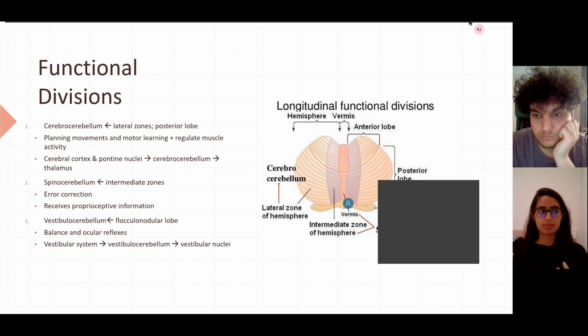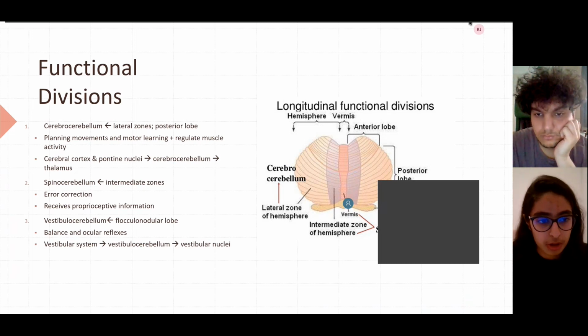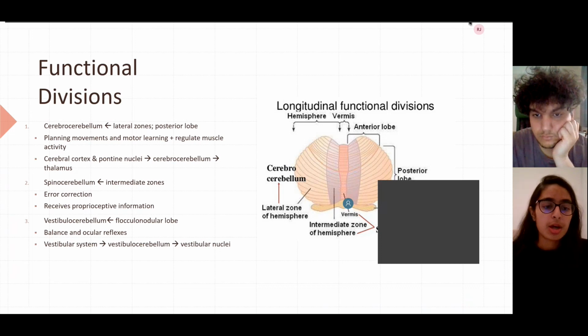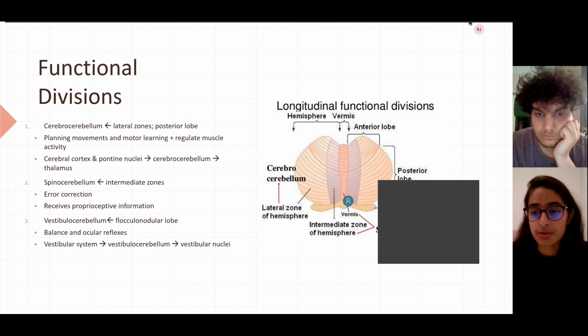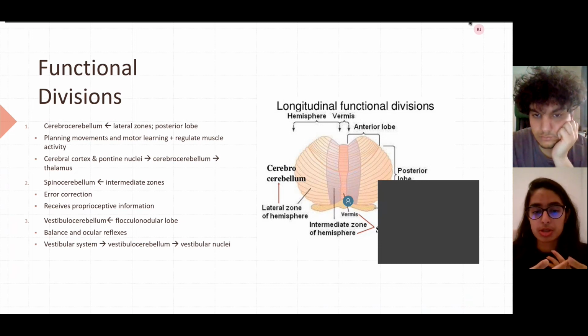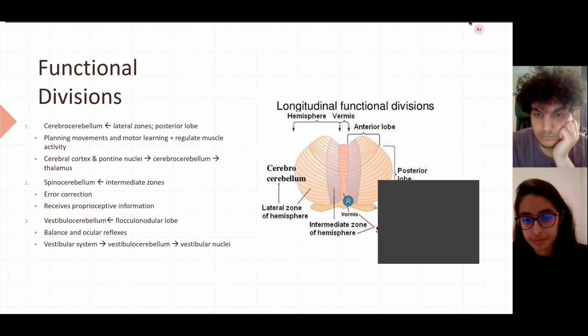It's what tells our body the position of other objects in relation to ourselves, and it's what allows us to make movements and take steps without any conscious thought running through it. So like we discussed, the intermediate zones receive inputs from your limbs, and those are the most important parts for proprioception.